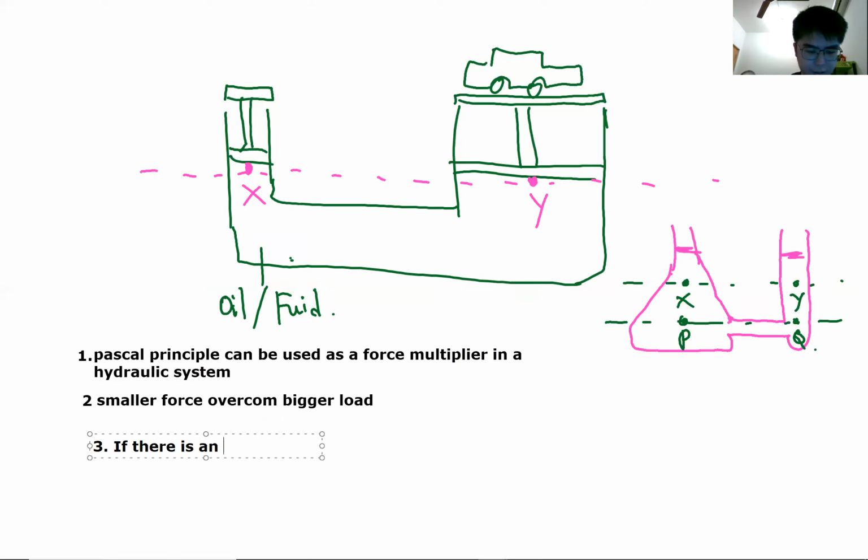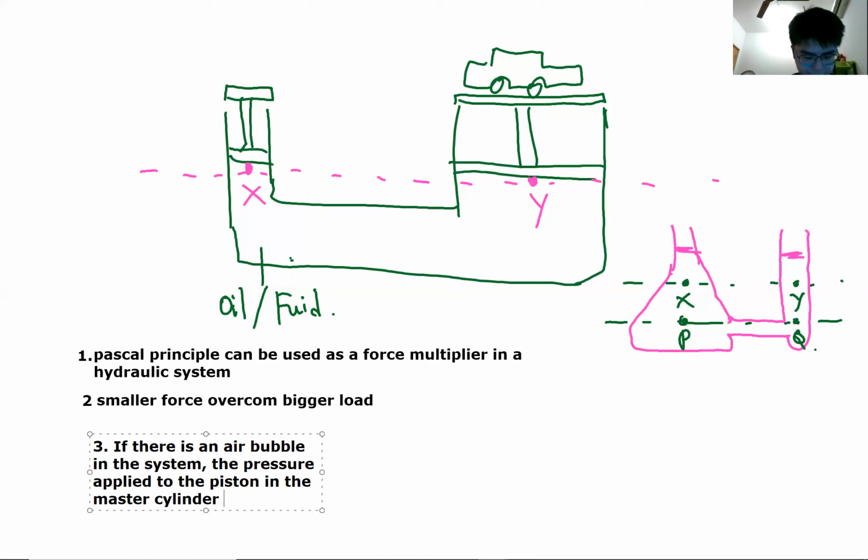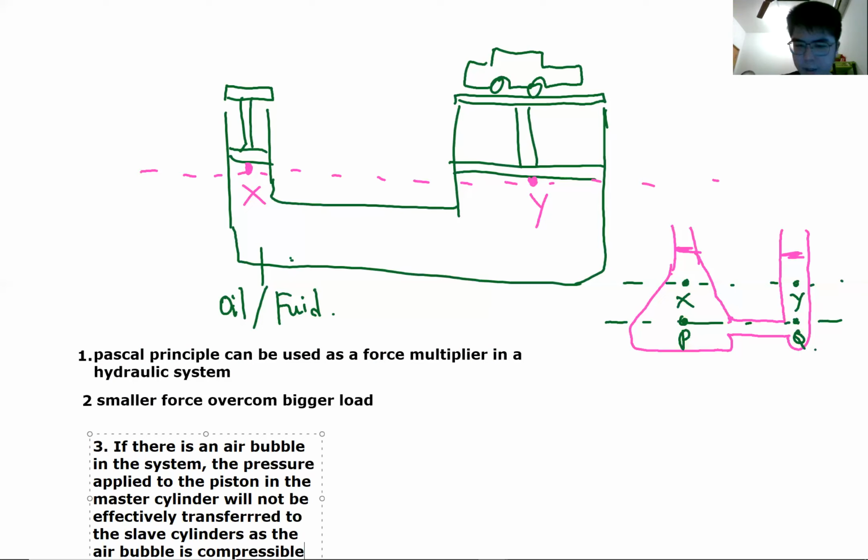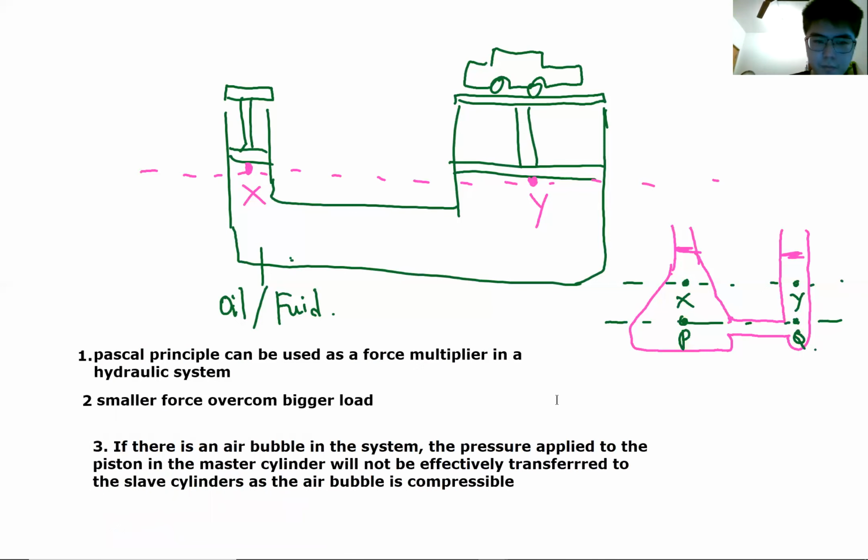If there's an air bubble, the pressure applied to the piston in the master cylinder, the smaller cylinder where you apply the effort, will not be effectively transferred to the slave cylinder.